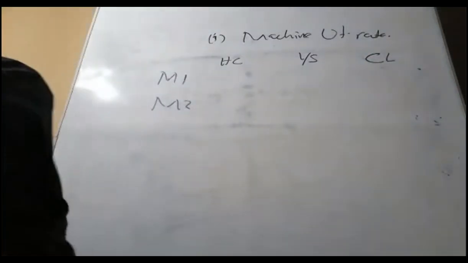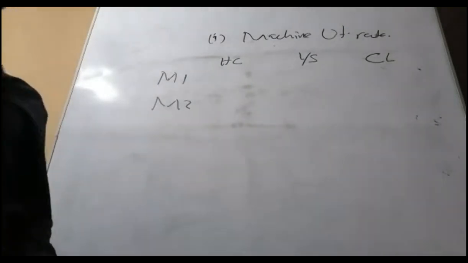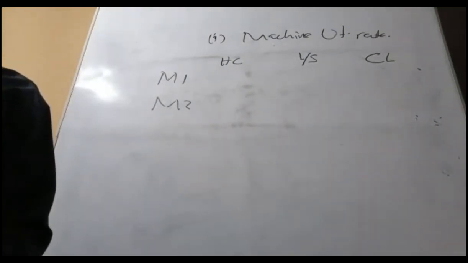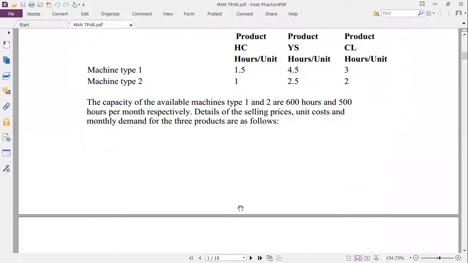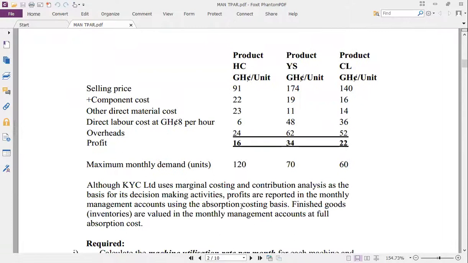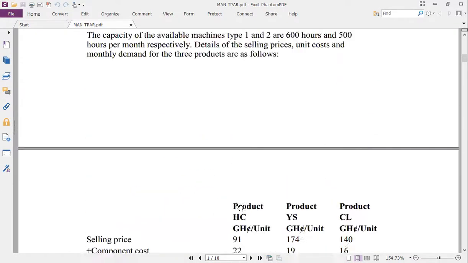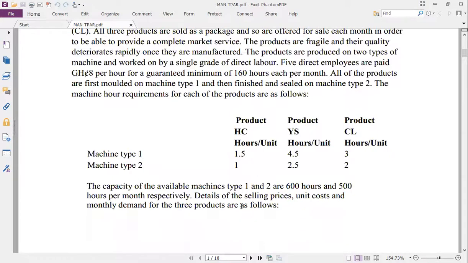As usual, the same way we calculated the very first one, the same scenario that we are going to go through. First, machine type 1 is 1.5 for product HC, and the demand is 120. So 120 by 1.5 gives us 180.